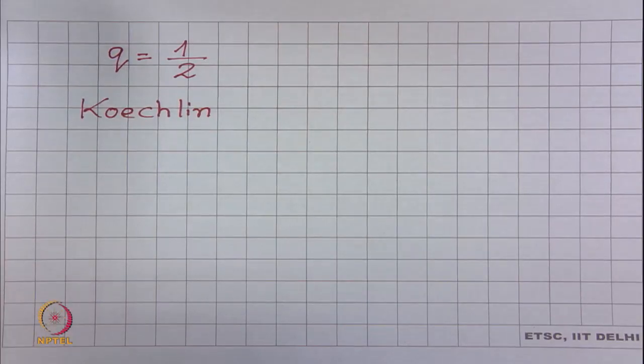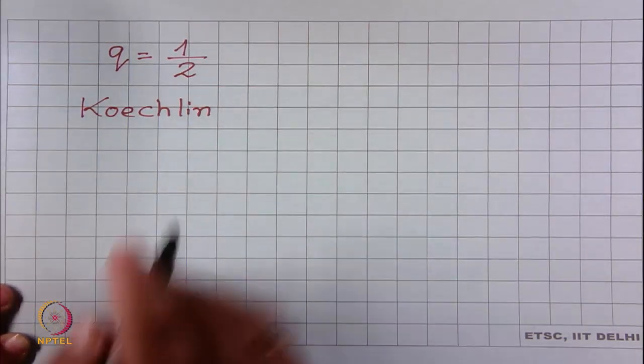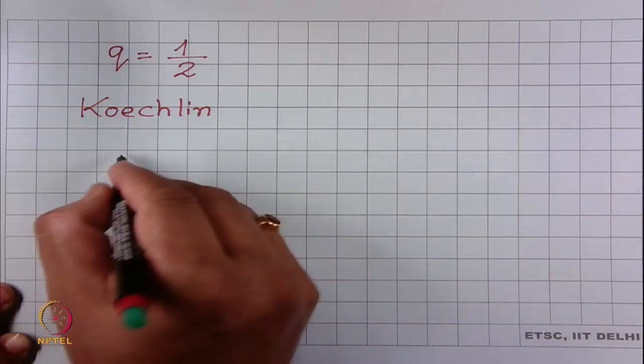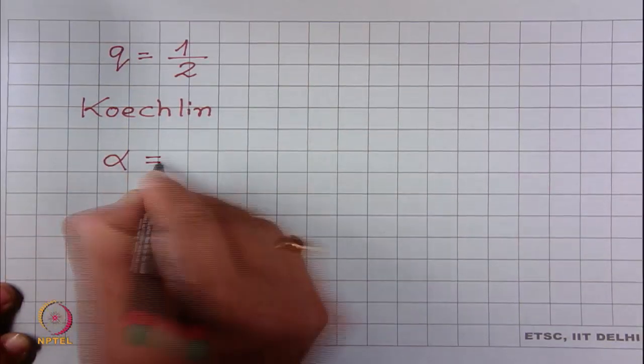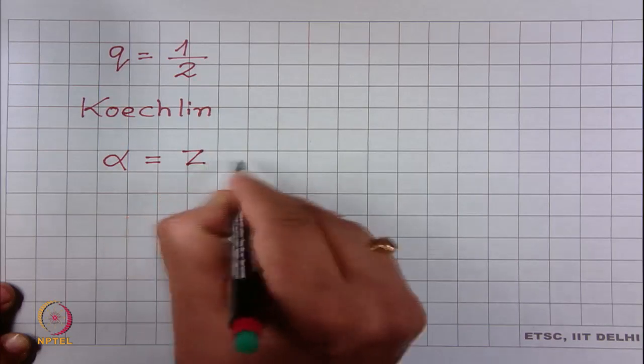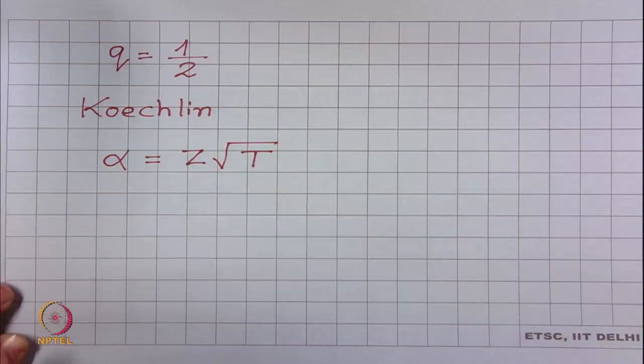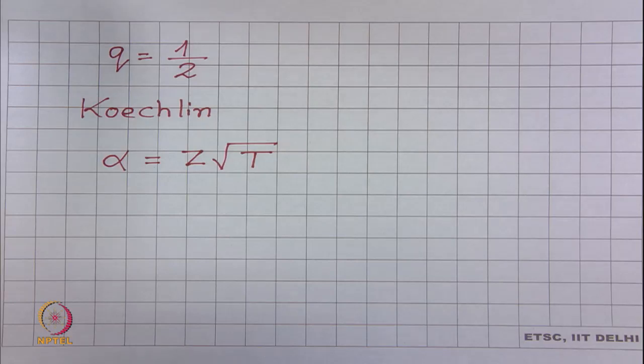He probably for the first time thought q is equal to half. Why he thought about this, we will discuss in module 3, the next module. So, that is why when we write alpha is equal to z root t, we talk about Coquelin's twist coefficient, right.